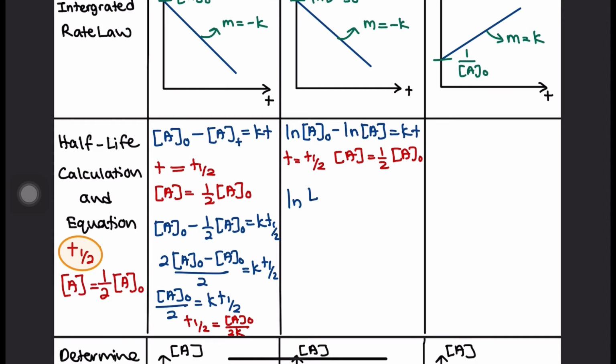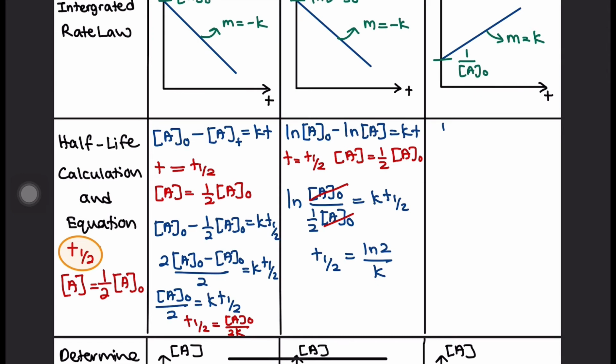Substituting in the corresponding symbol would give us an equation that looks like this. You must recall from mathematics that ln A0 minus ln A can be represented as a division. Now simplifying this equation would result in the half-life equation of first order, which is t-half equals ln 2 over k.